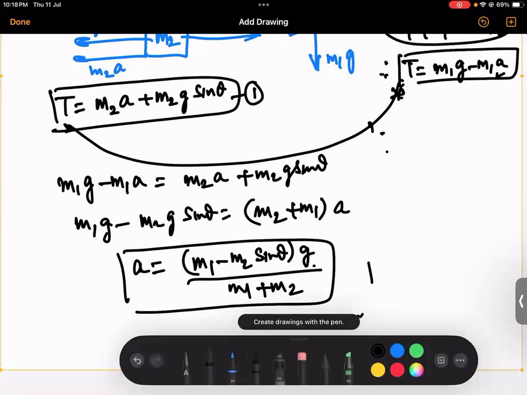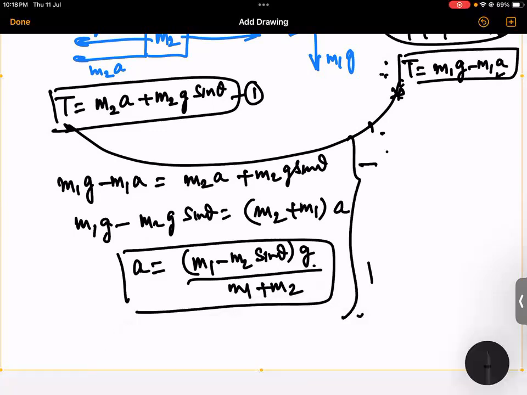Just solve it. I will get T equal to M1g minus M1a, where a is (M1 minus M2 sin theta) g divided by (M1 plus M2).